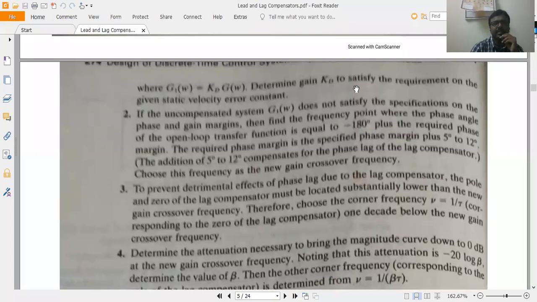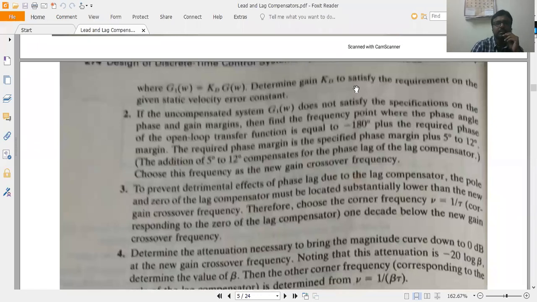The addition of 5 to 12 degrees compensates for the phase lag of the lag compensator. At that point, we choose this frequency as the new gain crossover frequency. The procedure is the same for both the lag compensator as well as the lead compensator.